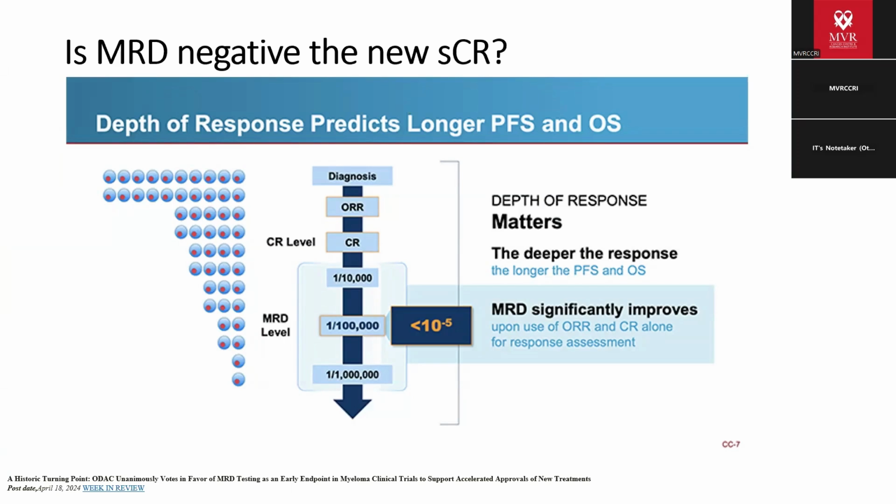So this slide asks the query: is MRD negativity going to be the new stringent complete response in the future? That is the way by which we have made advances in the therapeutic landscape of myeloma. We are getting patients achieving more and more very good responses, and so comes the query whether MRD negativity can be considered the new stringent complete response in future.